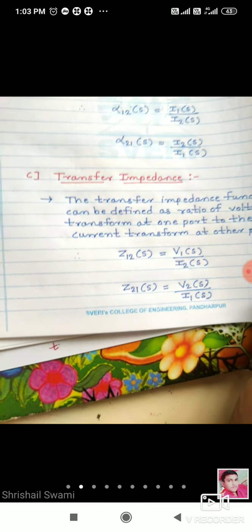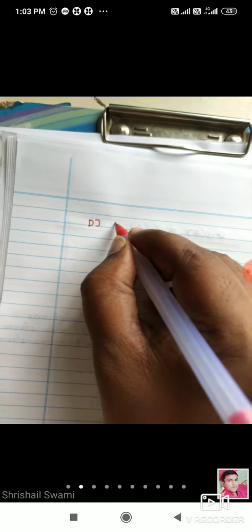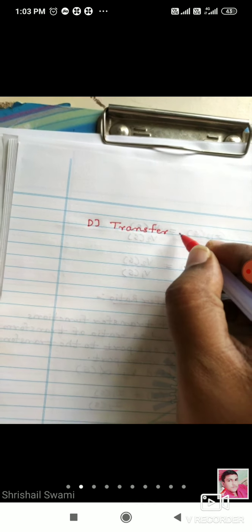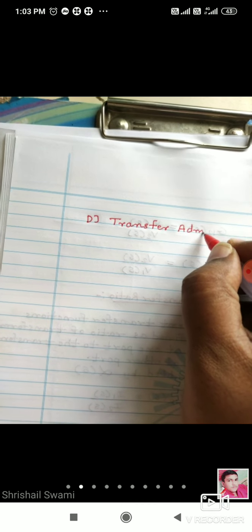So last one is remaining, that is transfer admittance. That is the D part. Transfer admittance.